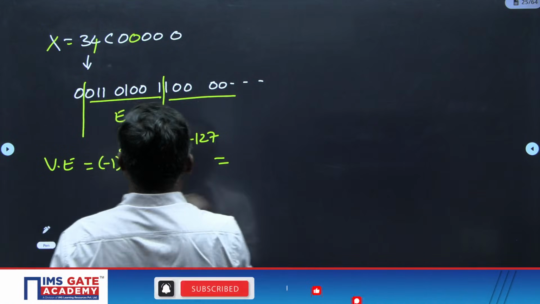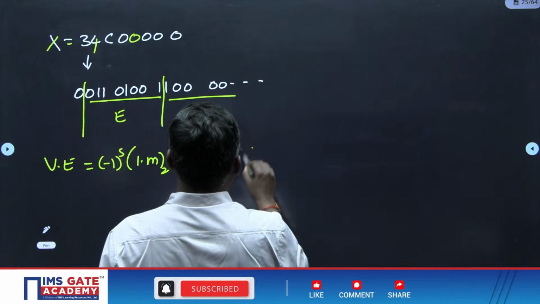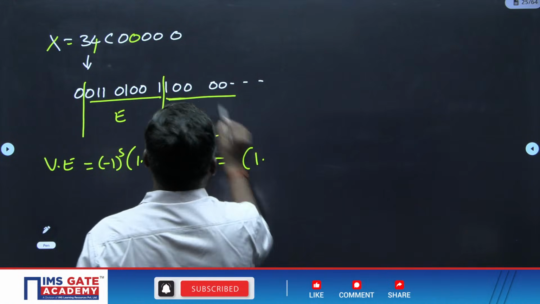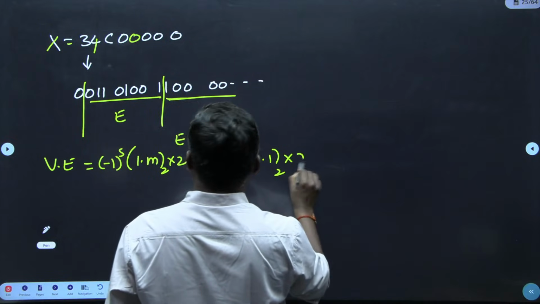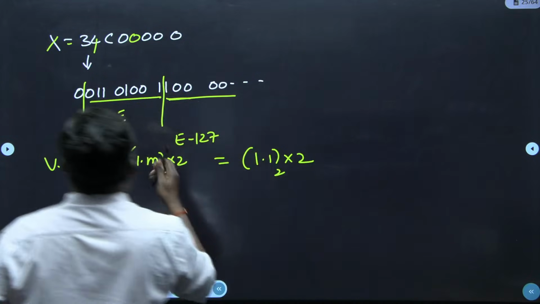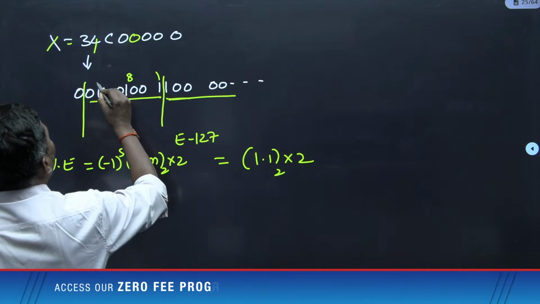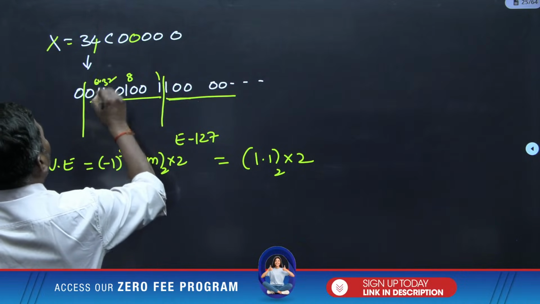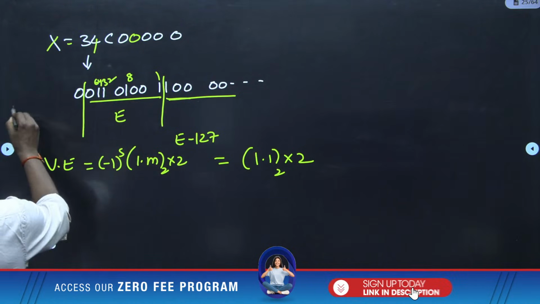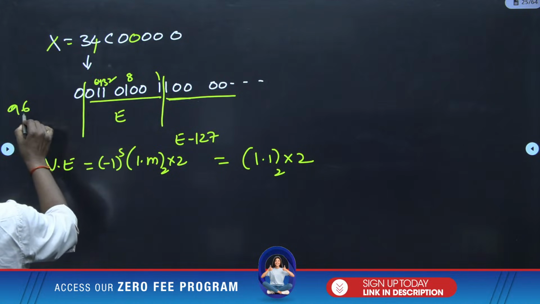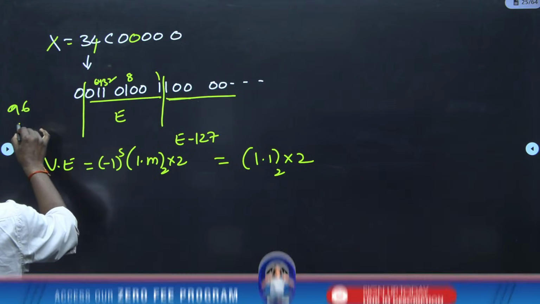The S value is 0, so it is positive. Now 1.m is what? Here it is 1.1 (base 2) times 2 to the power E. How much is the E value if you evaluate? 1, 2, 4, 8, 16, 32, 64. So this is 96 plus 8.